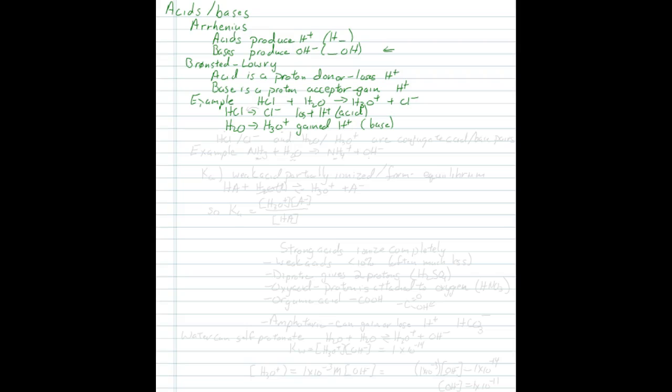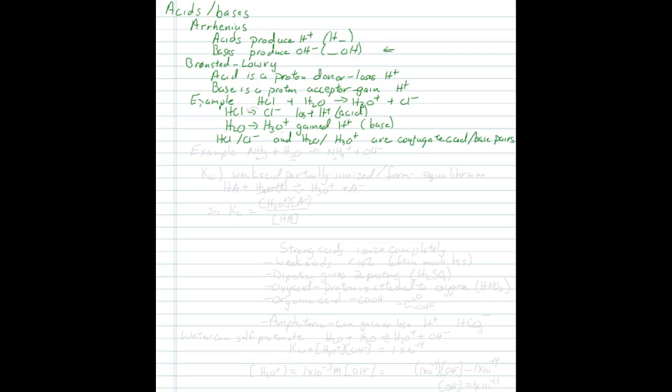Therefore, this water must be considered the base. So you have pairs. HCl and Cl minus is one, and H2O and H3O plus are called conjugate acid base pairs. These always occur in pairs, so you're going to have two reactants and two products.